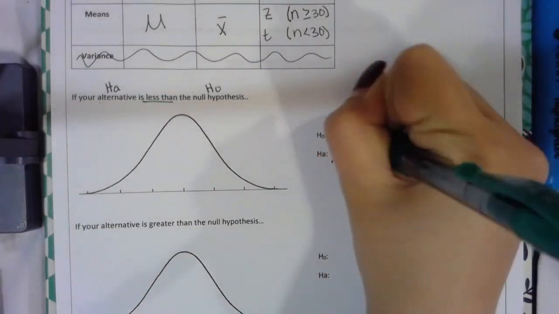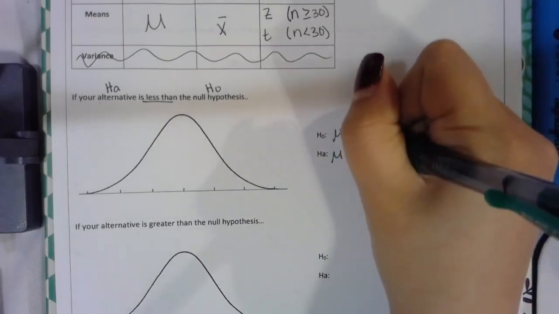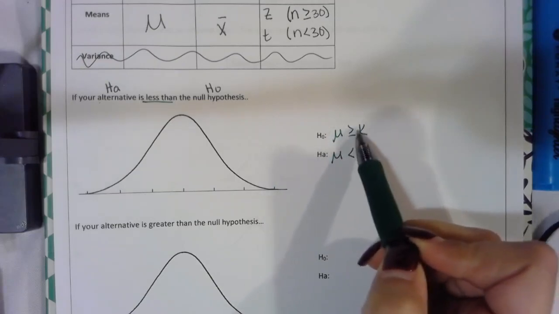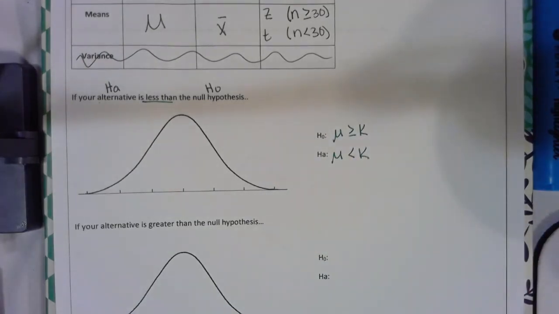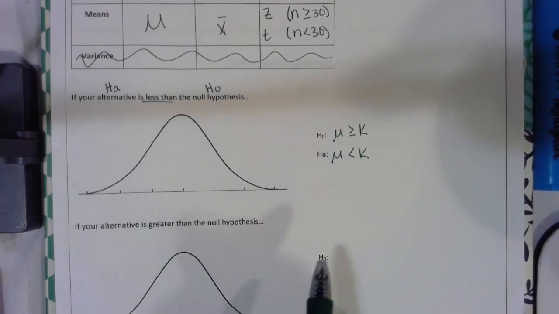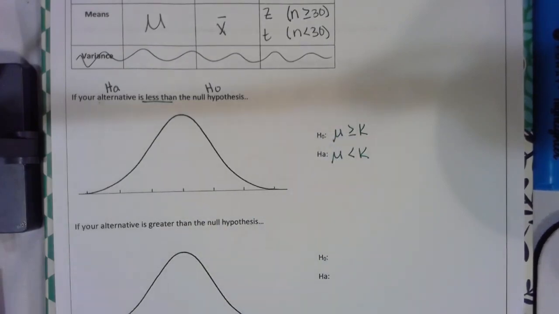And if we have less than in the alternative, then in the null hypothesis you have to flip the inequality and throw an equal sign underneath it. Alternatives do not have that equal sign underneath the inequalities, and their equals is not equal to. Null hypotheses do have it.